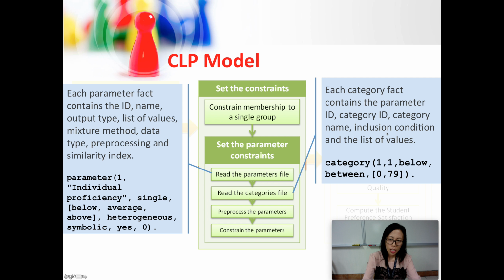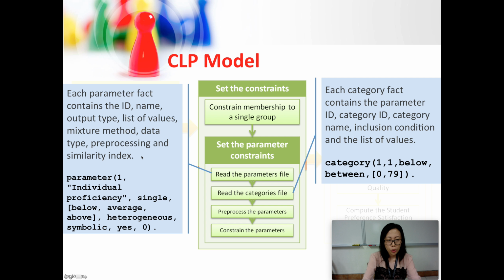If the inclusion condition is between, then the list of values would only include the first value in the range and the last value in the range. Whereas if the inclusion condition is either all or one, then the list of possible values will have to include all possible values.